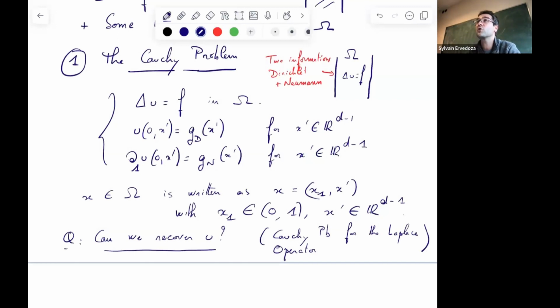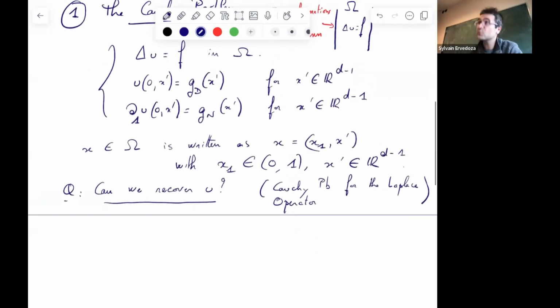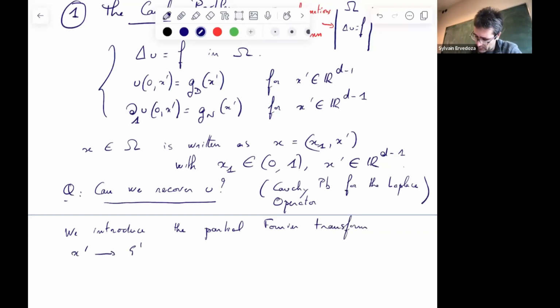So it's very natural to try to do the Fourier transform in the x' variable, right? So this is what we will be doing. So we introduce what I will call the partial Fourier transform, which is x' gives psi'.